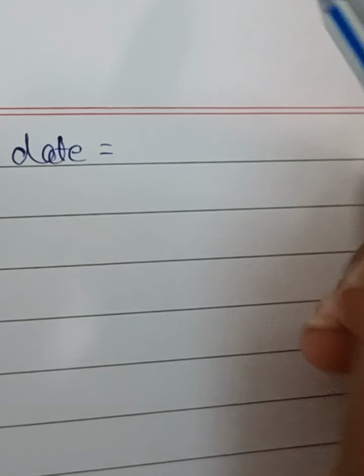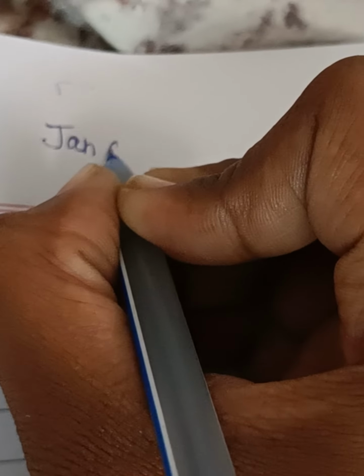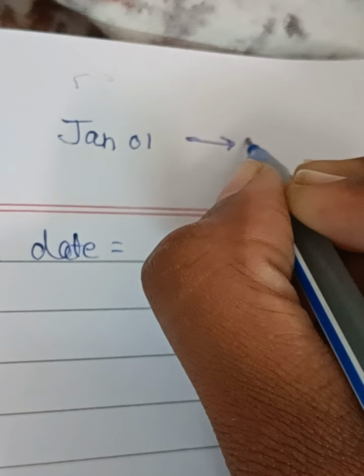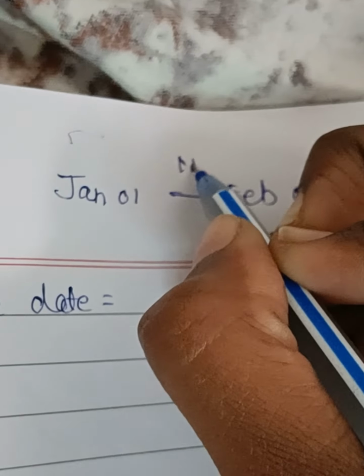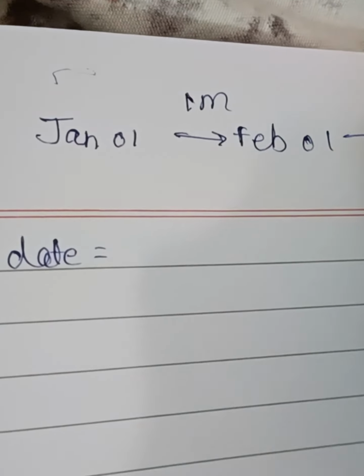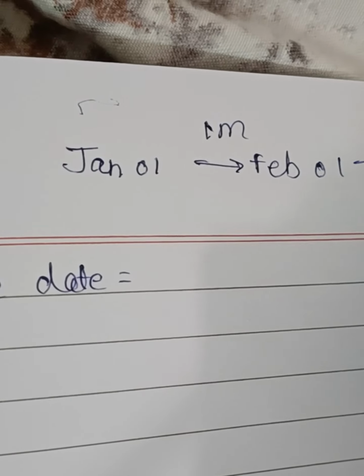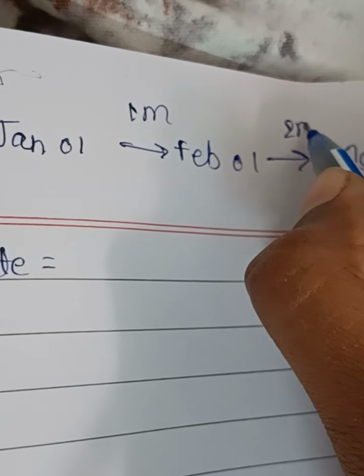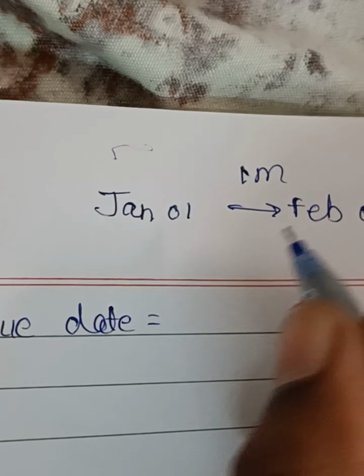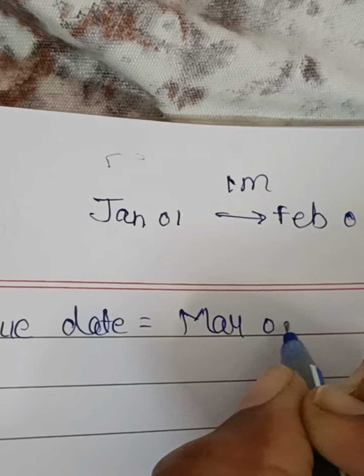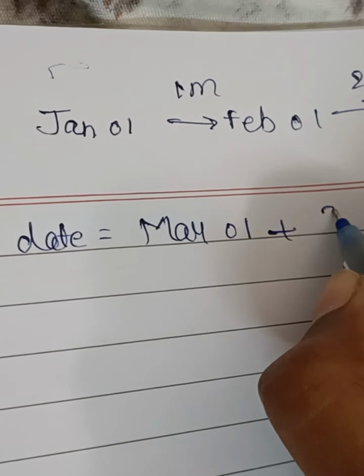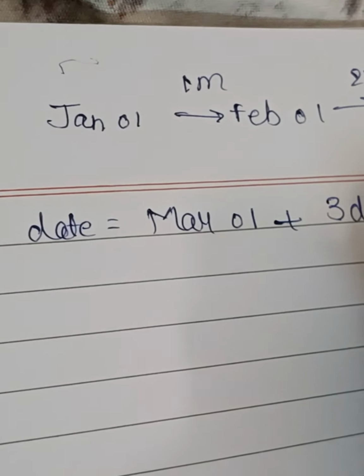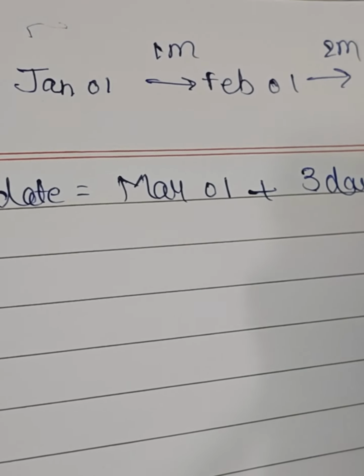From January 1 to Feb 1, this is 1 month. Then Feb 1 to March 1, this is 2 months, right? So March 1 is the period of bill, plus 3 days of grace.